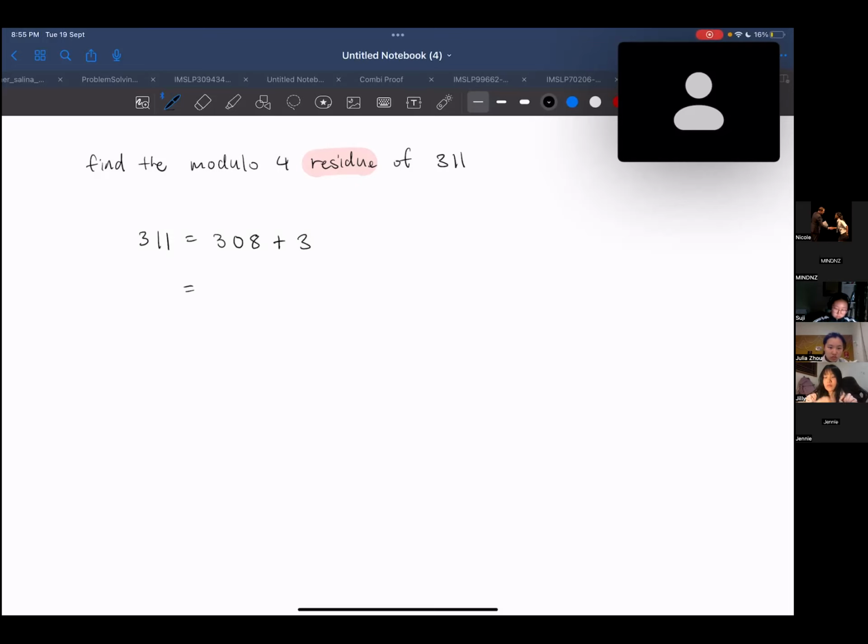Then that's going to equal 4 times 77 plus 3. So our remainder is 3, which is our residue, and therefore 311 is congruent to 3 mod 4. Does that make sense?